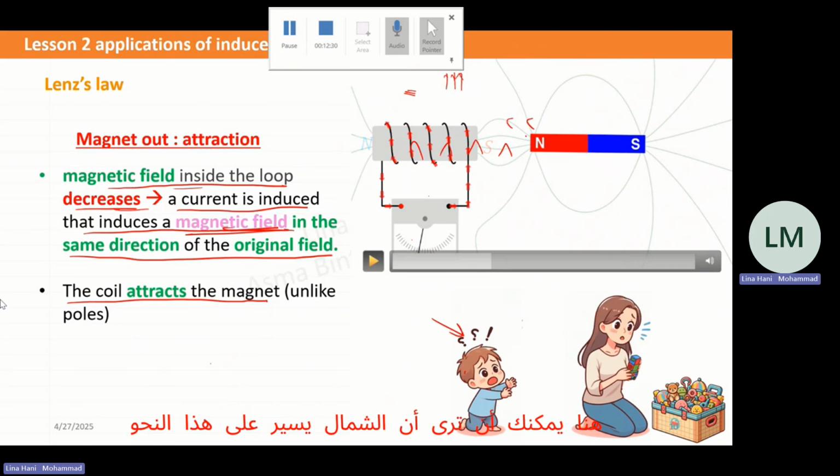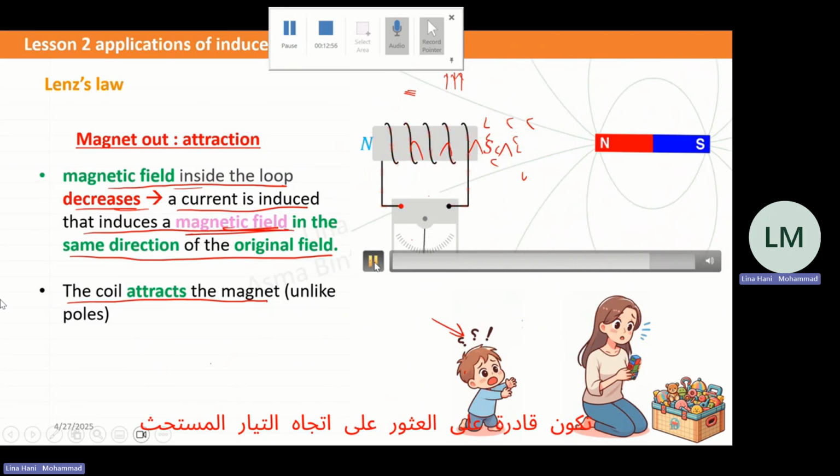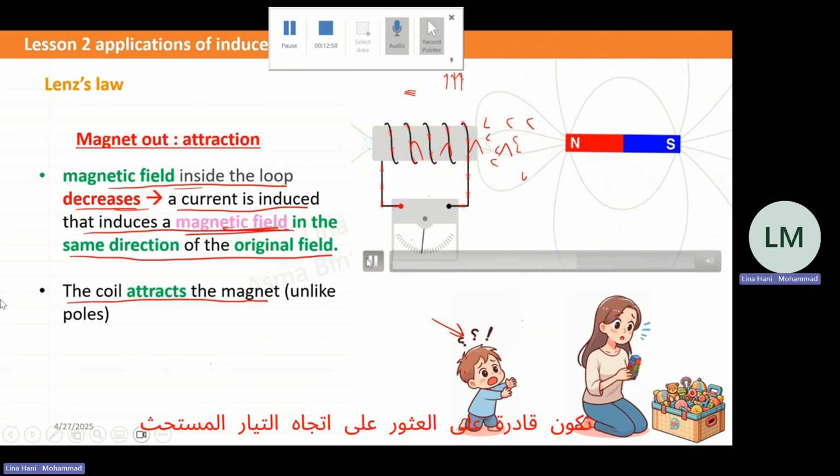Here, you can see that north going like this, south going like this is going to be in the same direction as the magnetic field generated by the magnet, or the original magnetic field. And the coil will try to attract the magnet back towards it. Using the right hand rule, you can find the direction of the induced current.